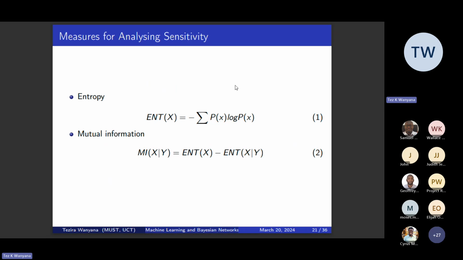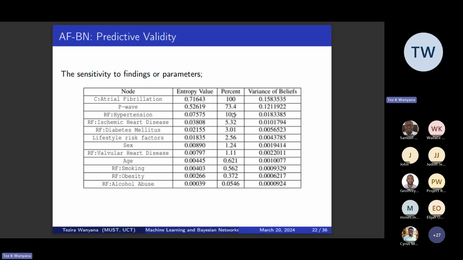And then the second thing is sensitivity to findings, and there are specific measures for analyzing sensitivity to findings, and that is entropy and mutual information. And so we were able to calculate this and see exactly how our BN is working.